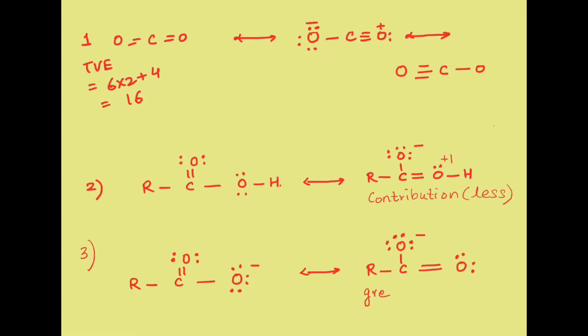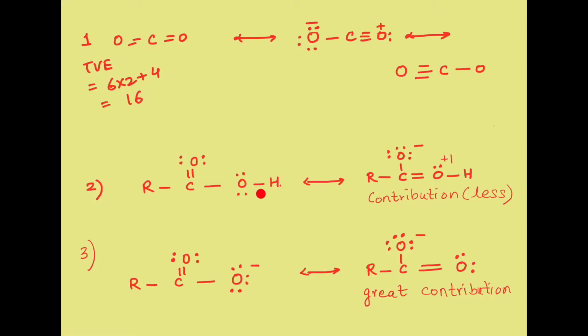So that's a great possibility wherein your oxygen has a negative charge. So yes, we can take these canonical structures, but drawing these canonical structures gives us an idea where there is a greater possibility of resonance playing its role and where it is not.